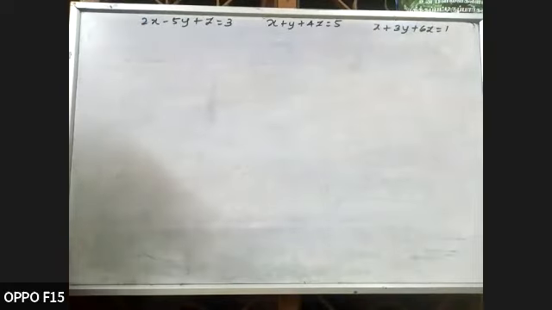Okay: 2x minus 5y plus z equals to 3, x plus y plus 4z equals to 5, x plus 3y plus 6z equals to 1. Okay? Please listen.